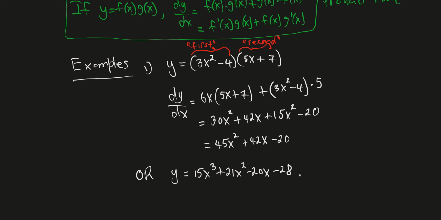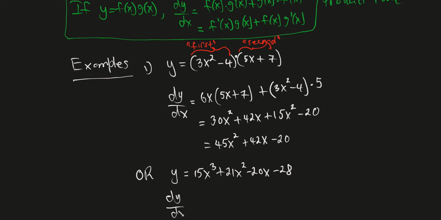And so we FOIL it out, and look, no like terms here at all. But the important thing about this is that we now can differentiate term by term. We've essentially gotten rid of this product of the two functions, and we've replaced it with just the sum and difference of these terms.